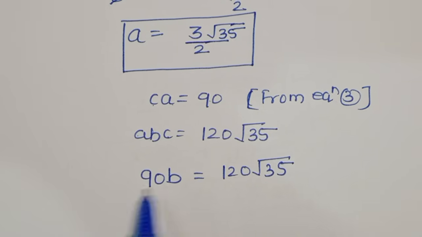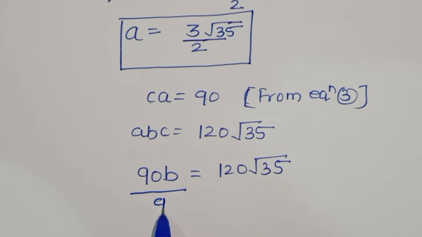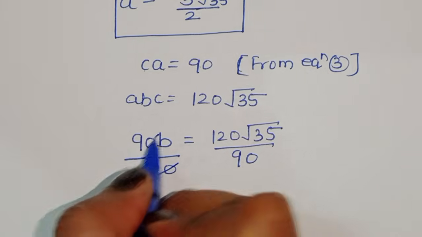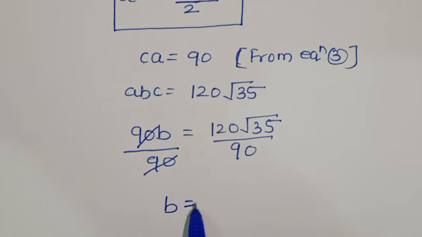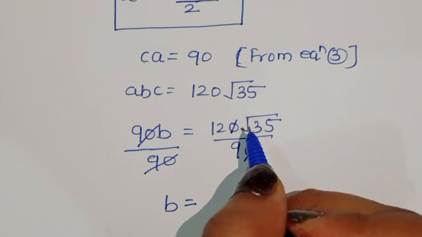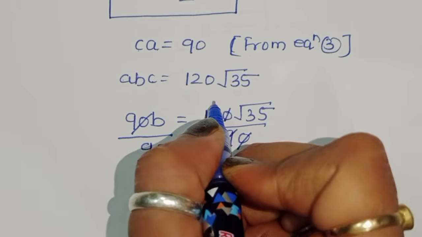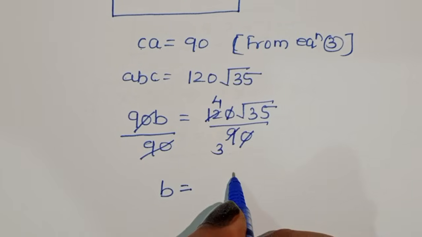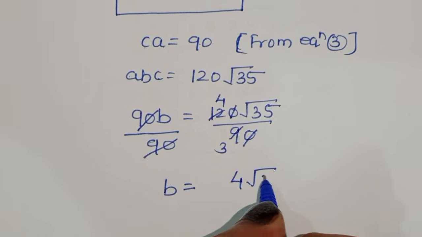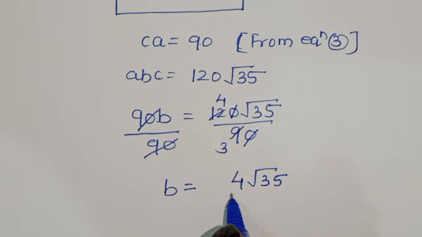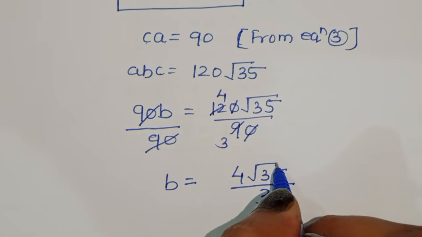Now we can divide both sides by 90. So this 90 is cancelled from here. So B is equal to, now 0 is cancelled by 0, and we can say here 3 3s are 9, 3 4s are 12. So 4 square root of 35 divided by 3. This is the value of B.